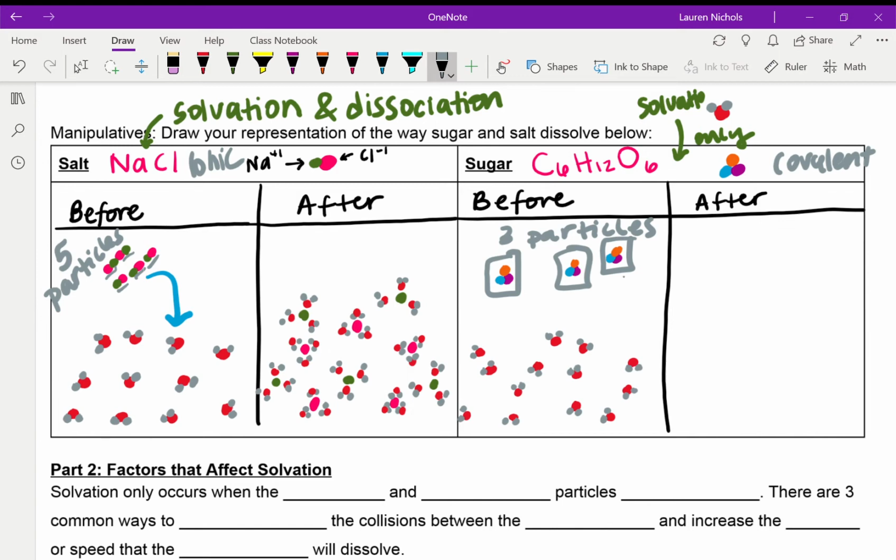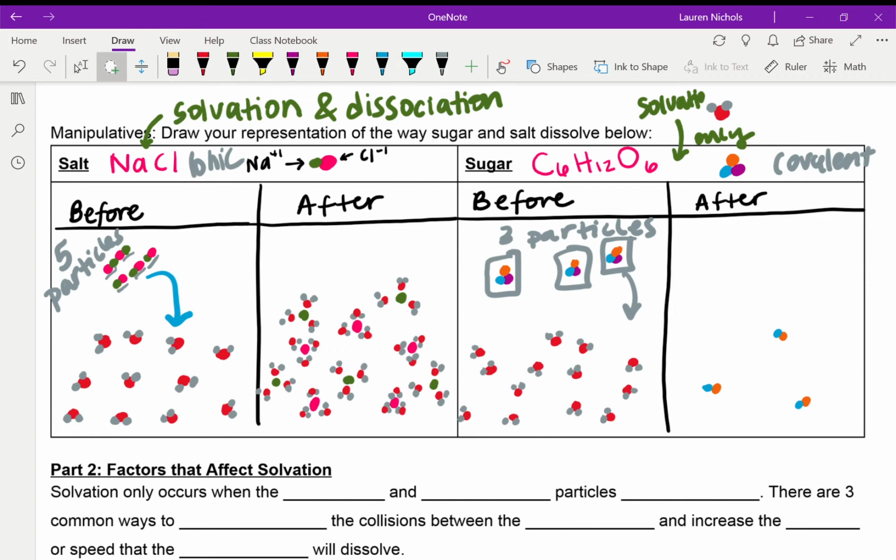So after these particles are added into our water, the unique thing, which makes it definitely a lot easier to draw, is that each of our 3 sugar particles are going to be separate from each other, which I guess I should have drawn a little closer together.